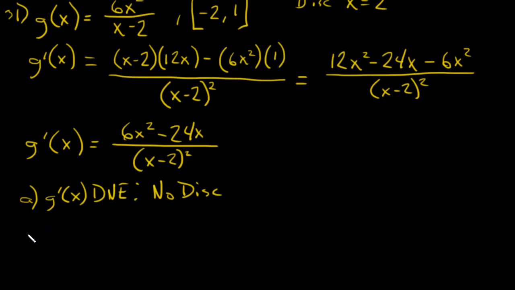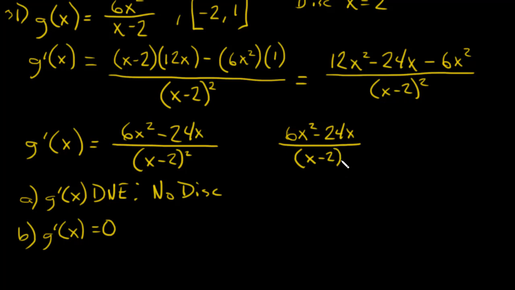Now, next thing, part B, for the critical numbers, is when g prime of x equals 0. Alrighty, so we set the derivative right here equal to 0 to solve. So I'm going to have, let's see, 6x squared minus 24x all over x minus 2 quantity squared equals 0.